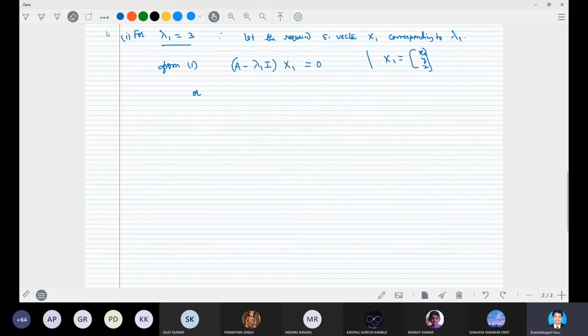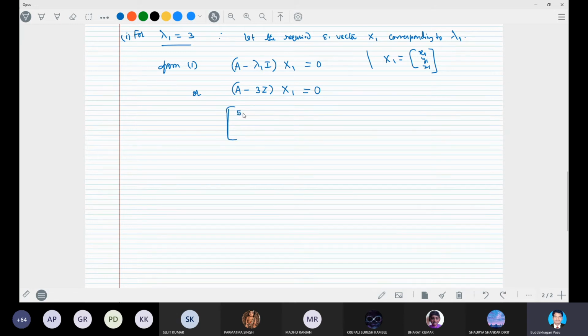Or you may take it x1, y1, z1 also. Now take it. So A minus lambda 1 I, that means A minus 3 I, into x1 is equal to 0. This will be the matrix.